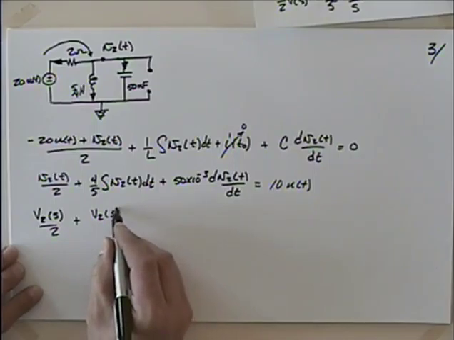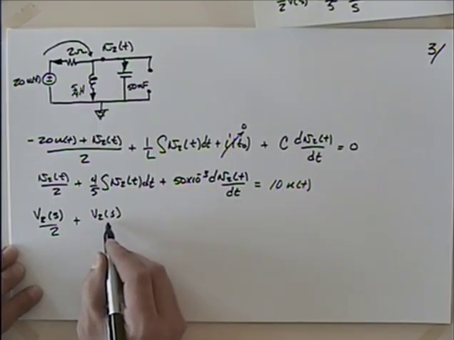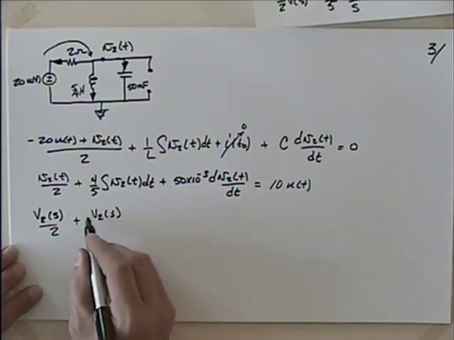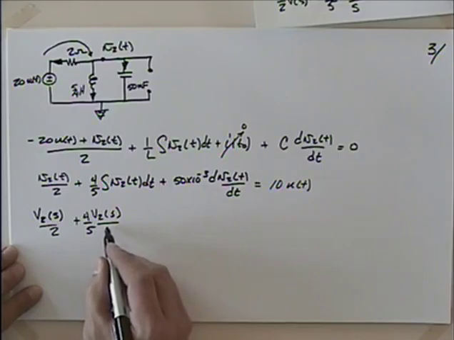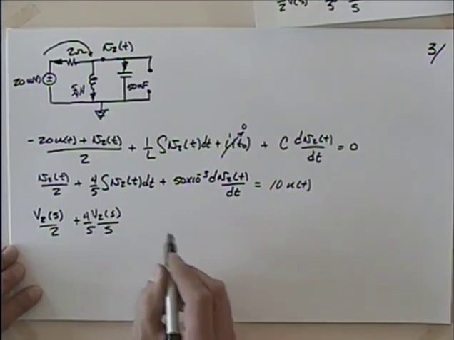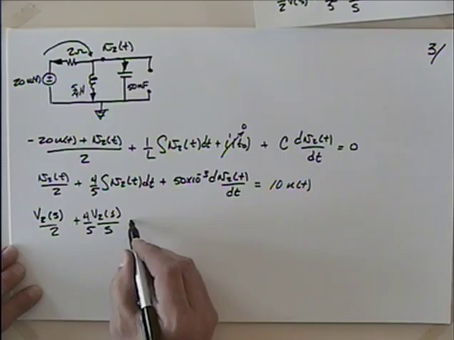V2 in the S domain divided by 4/5, and I have then S, and then what do I have?